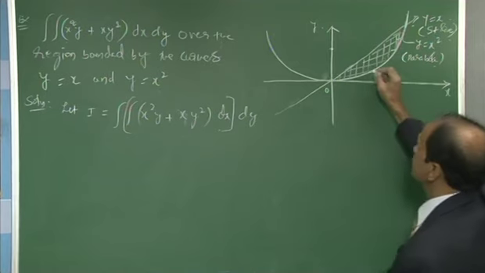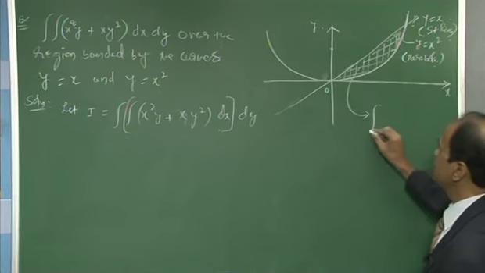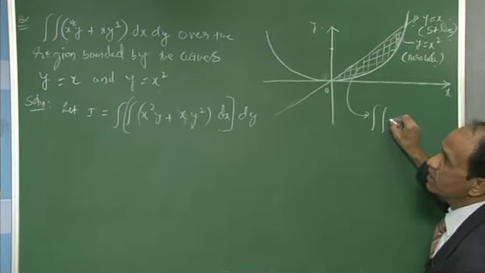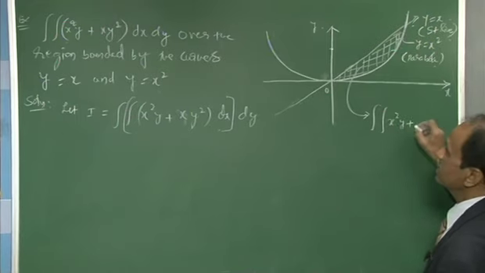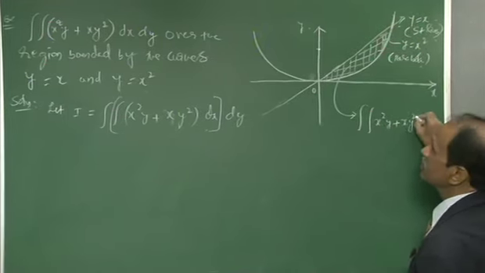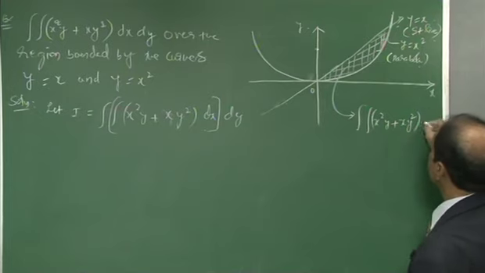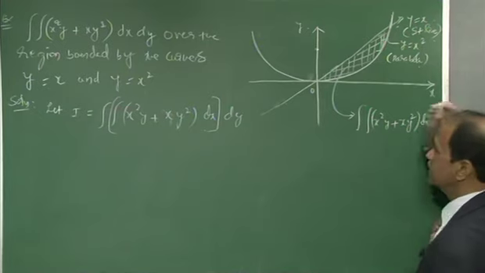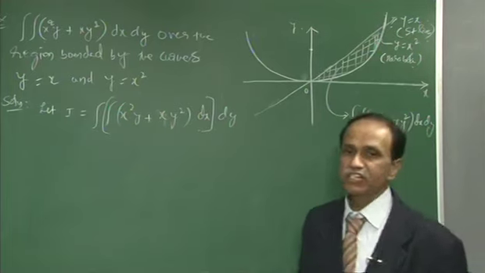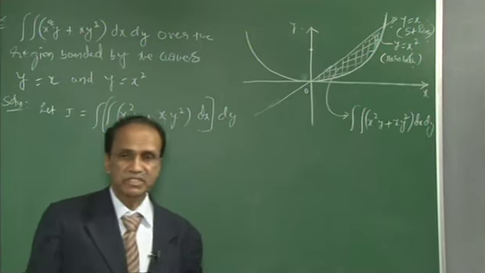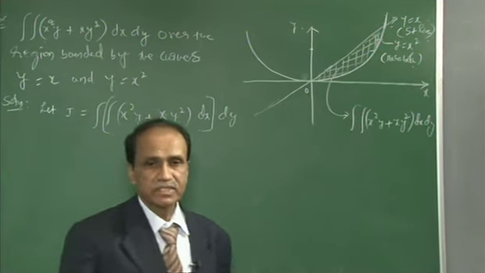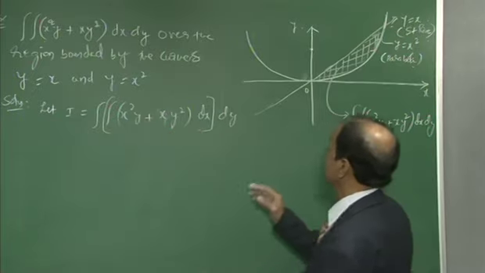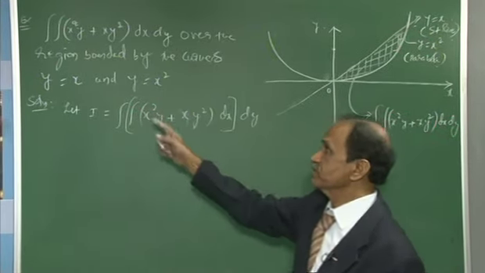You have to do this by means of double integration, the integrand should be x square y plus x into y square, and then it is dx dy. But you cannot proceed unless you assign proper limits. How do you collect the limits? You will collect the limits according to the given information.